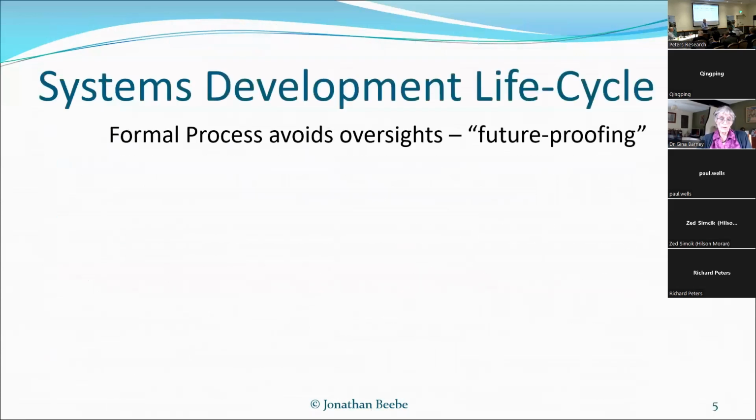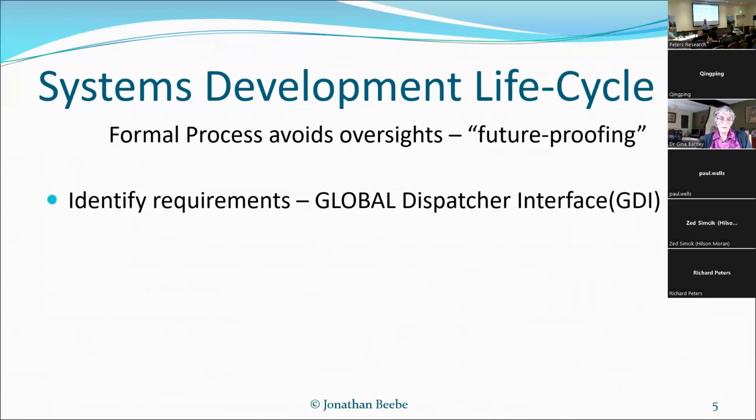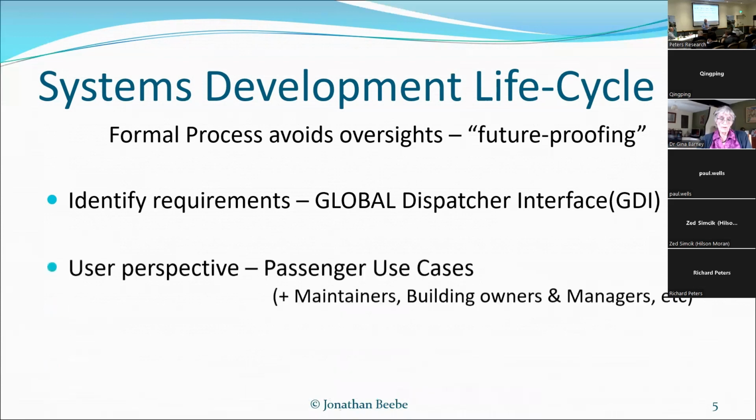The system development lifecycle is a recognized technique for developing software systems. It's a formal process, and its aim is to avoid missing things out, oversights, and also to future-proof the design. It starts off by identifying requirements for this global dispatcher interface.